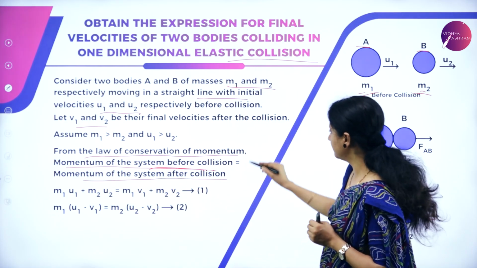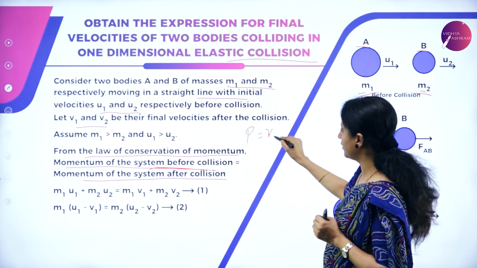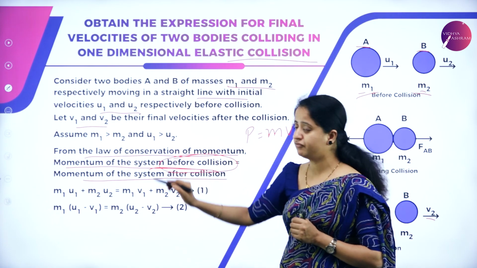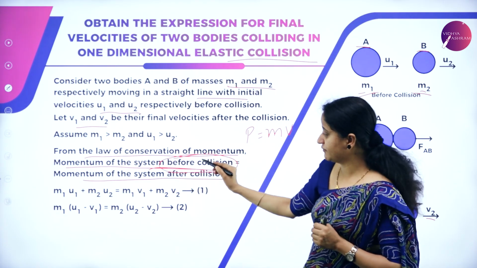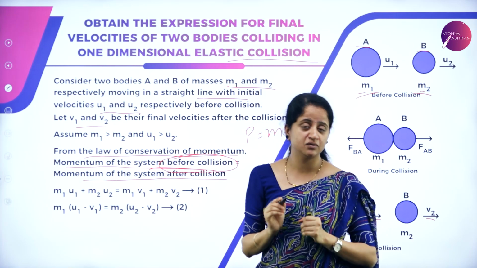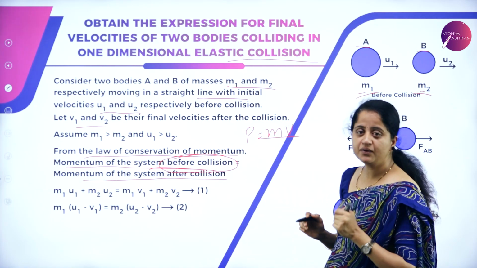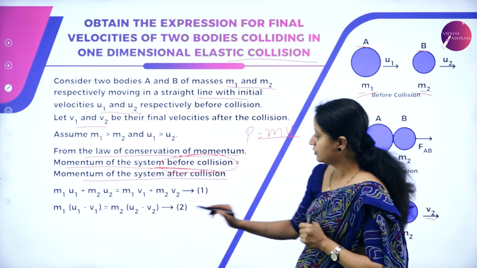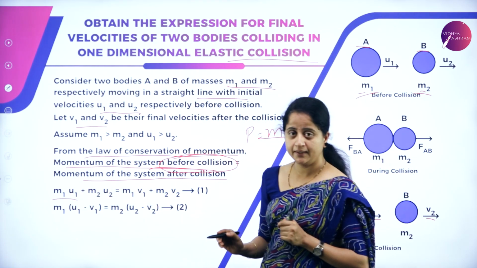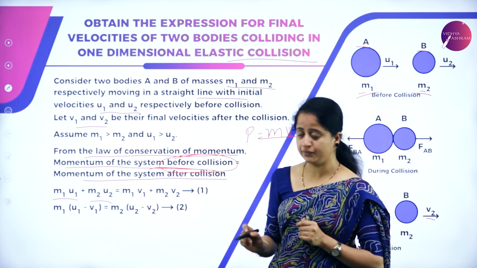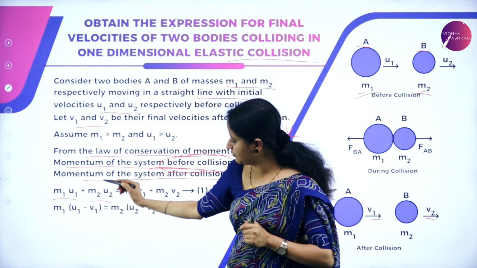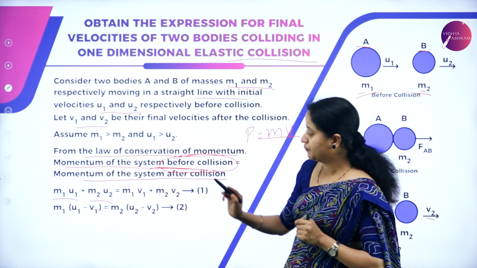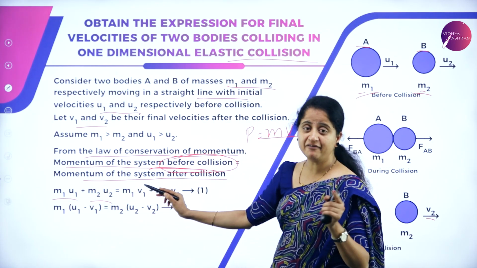So, what is momentum? Momentum is basically a product of mass and velocity. So, first we have to consider before collision. Before collision, the velocities of bodies are u1 and u2 respectively. And let us now write the momentum expression for the two bodies before collision. So, it is m1 u1 plus m2 u2. This is the momentum of body A and the momentum of body B before collision, which is equal to momentum of bodies after collision.